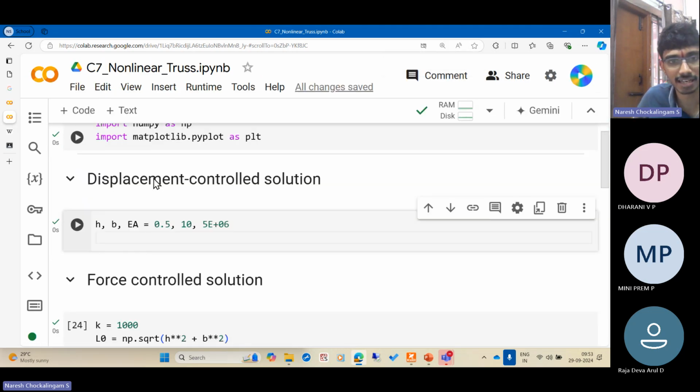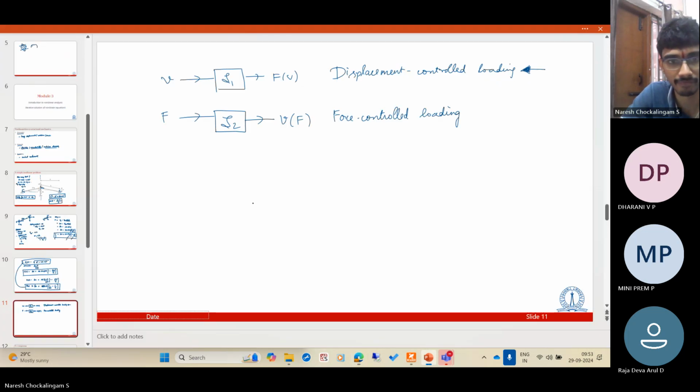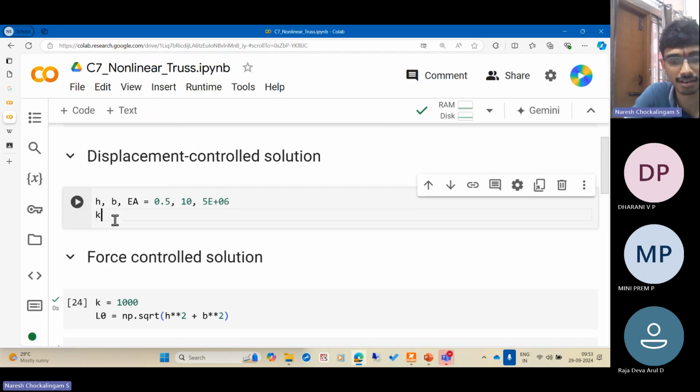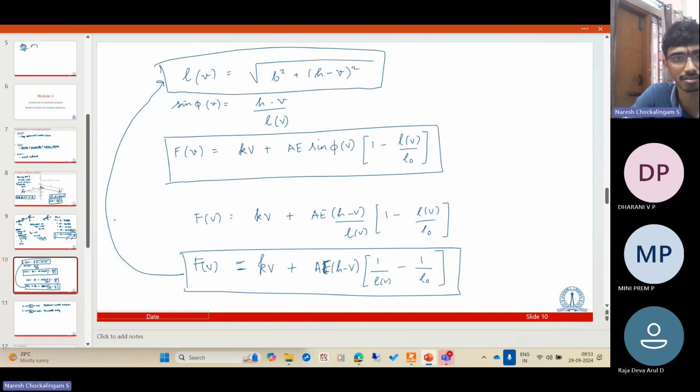This is not any FE, right? You don't have any problem specification. We are just going to plot this under displacement control. So let's just find L. We need K. I'll take K equal to 10 for a small value, and then I'll just plot this.